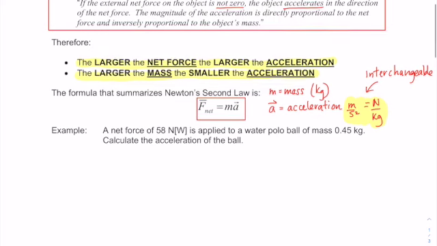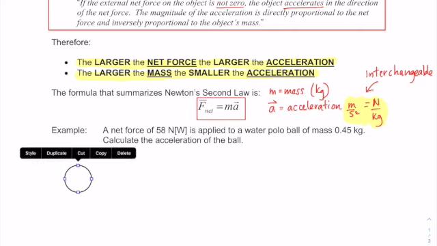A net force of 58 newtons west is applied to a water polo ball of mass 0.45 kilograms. Calculate the acceleration of the ball. So we have a water polo ball, and there is a force applied on the ball, and it's in the west direction.